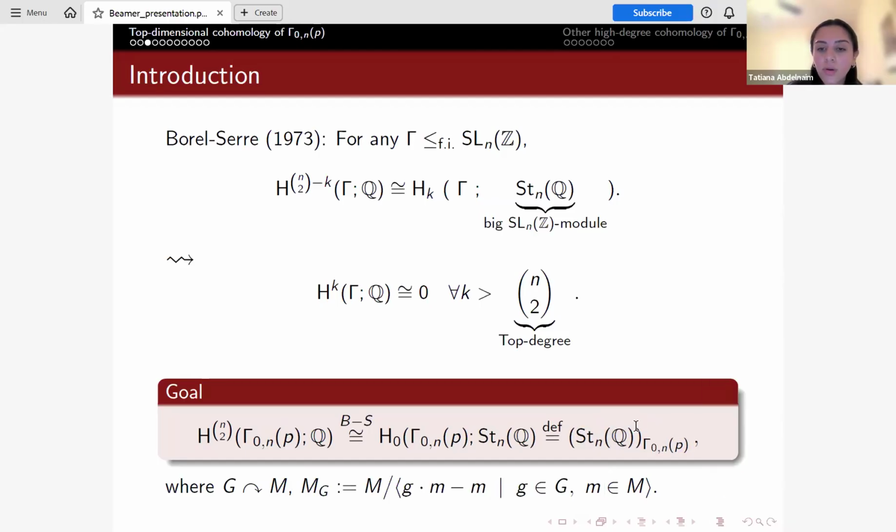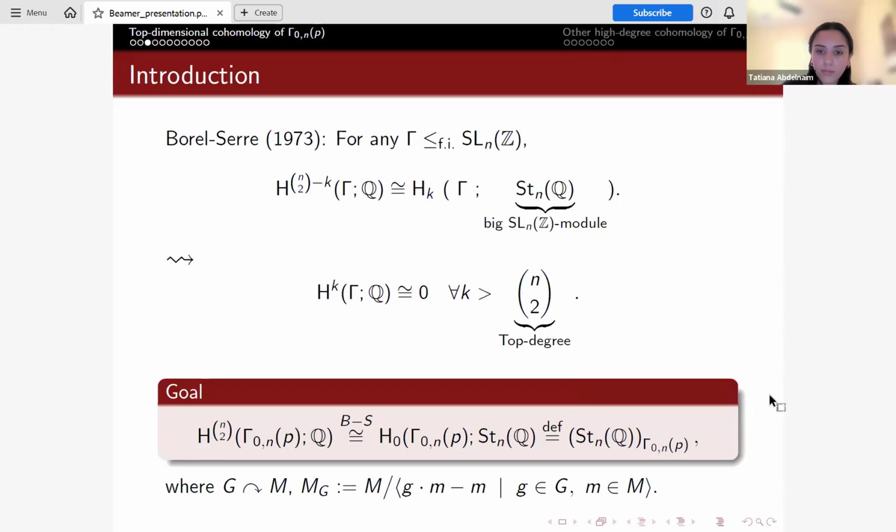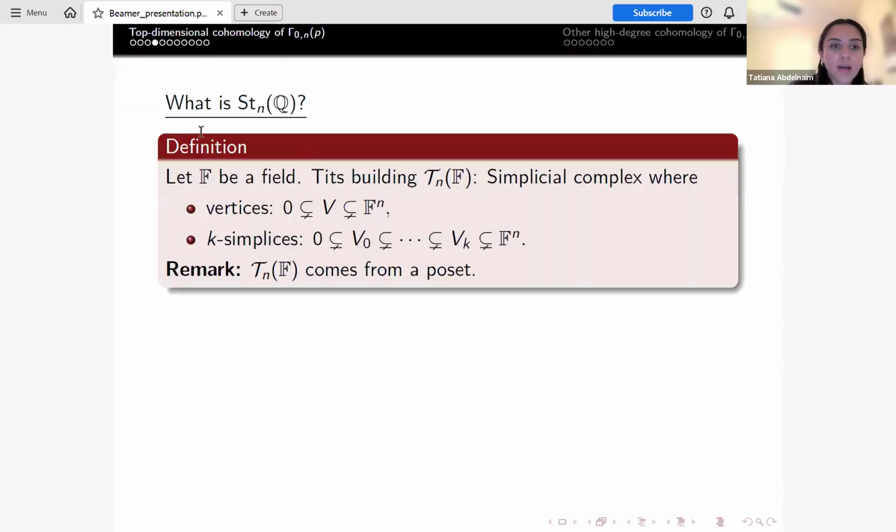To do so, we want to understand this big SL_n(Z) module. I'm going to define it for any field F. Just a quick recall of the definition of the Tits building. The Tits building is a simplicial complex whose vertices are non-zero proper subspaces of F^n and whose k-simplices are given by inclusions of this form. You can also observe that with this definition, the Tits building comes from a poset.